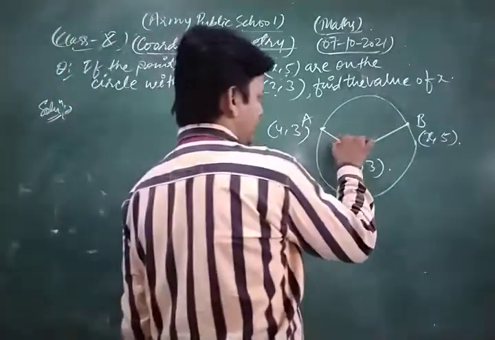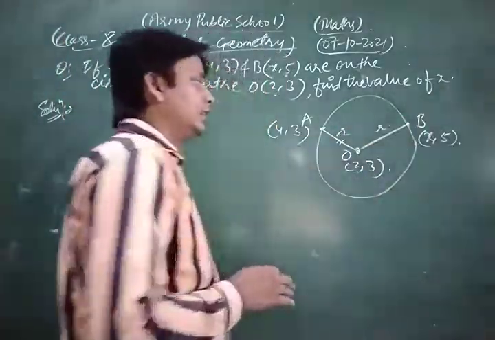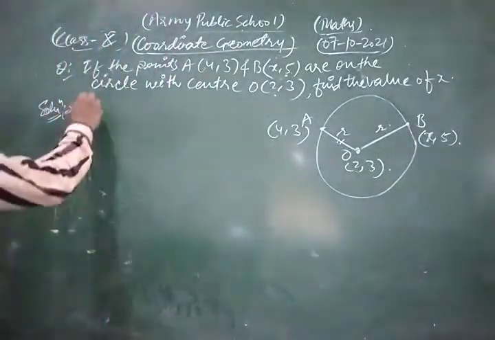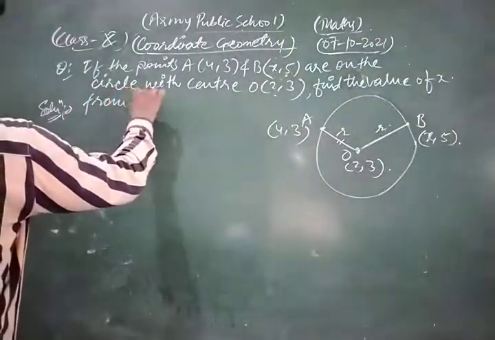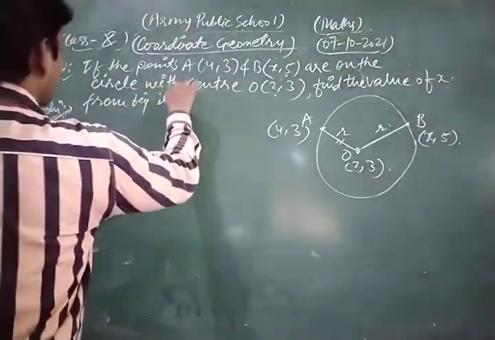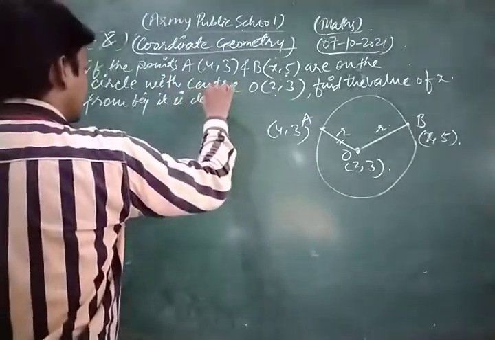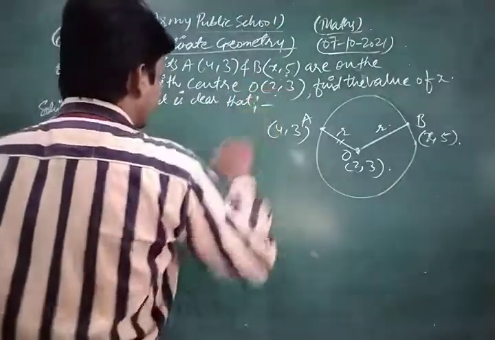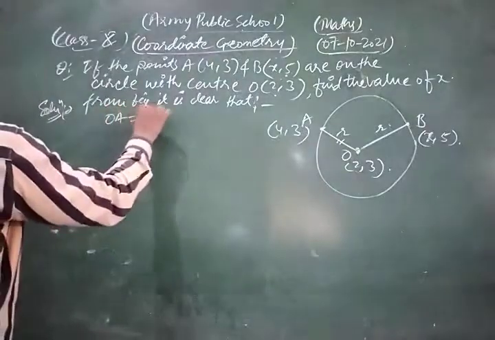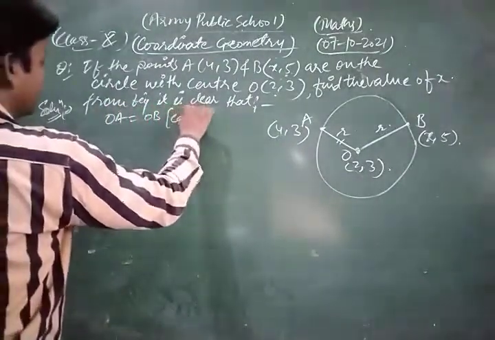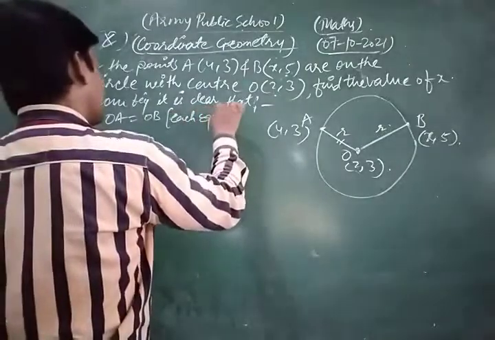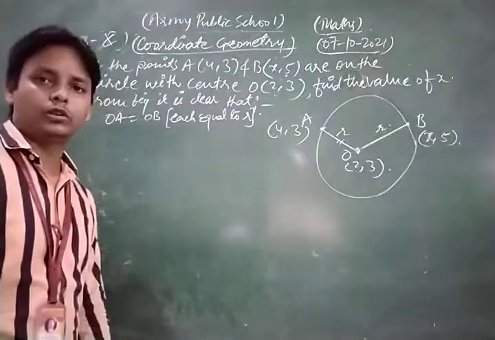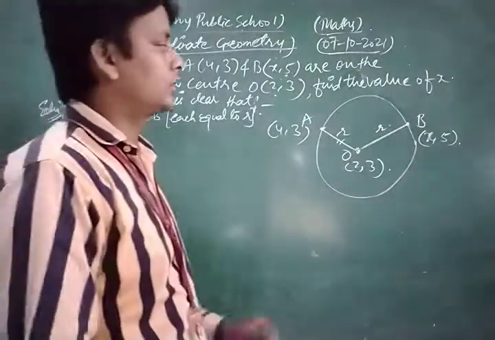This is the radius of the circle, and the radius of the circle is always the same. From the figure it is clear that distance OA is equal to distance OB, each equal to R, because each is a radius of the circle.